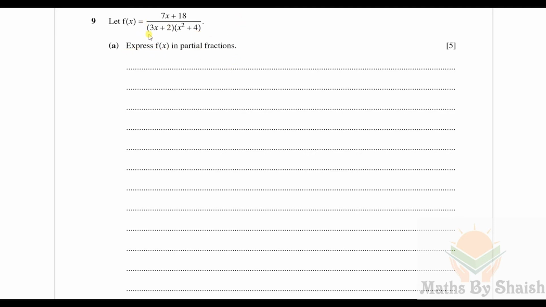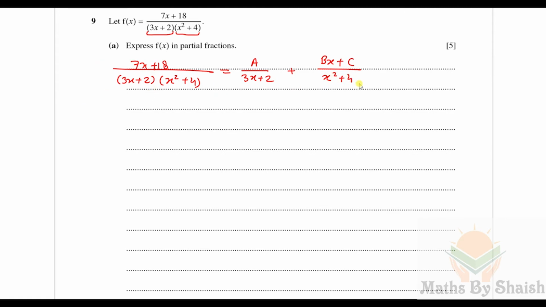Since in the denominator we have one linear factor and one quadratic, we will write f(x), that is (7x plus 18) over (3x plus 2)(x square plus 4), as A over 3x plus 2 because it's linear, plus (bx plus c) over x square plus 4, because the second term is quadratic, so the numerator should be linear.